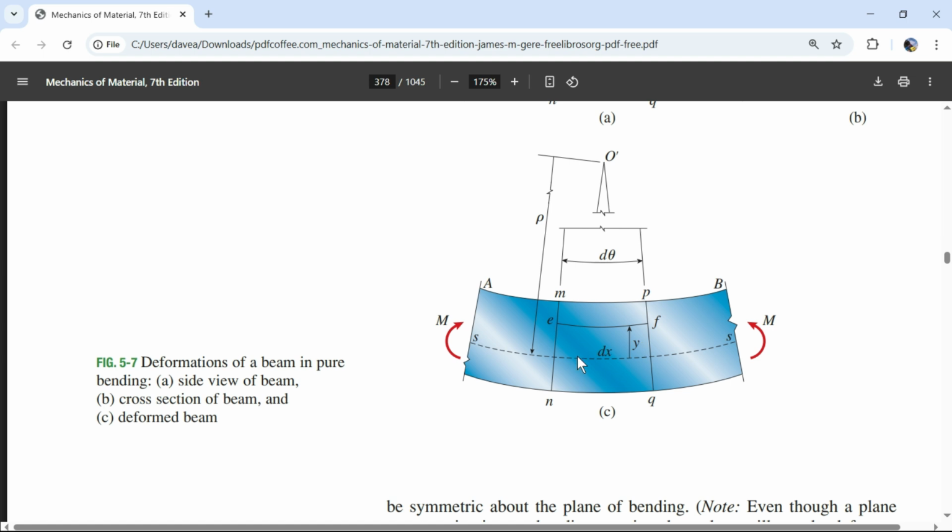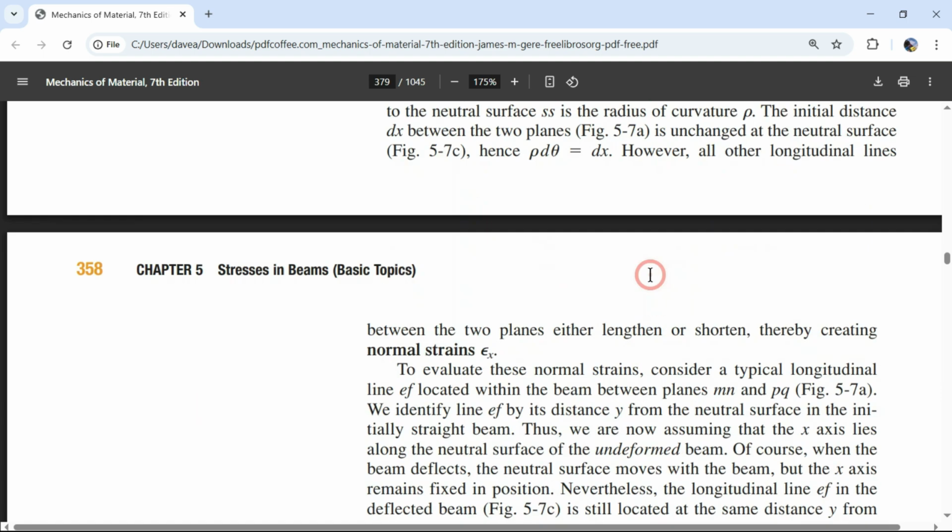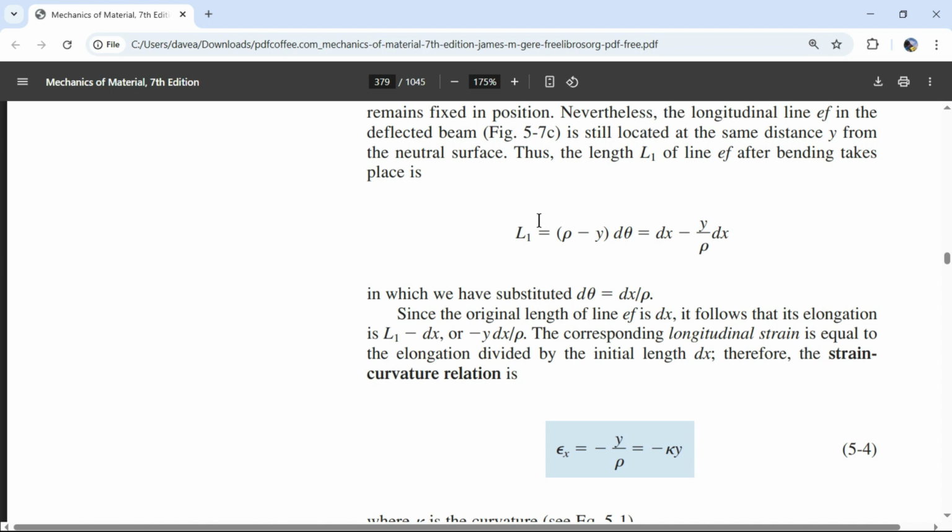The length of this line is going to be dx minus y divided by rho dx. And so that's essentially what we get. This length is going to be dx, that original length, minus y divided by rho dx. That's one quick way to get there.